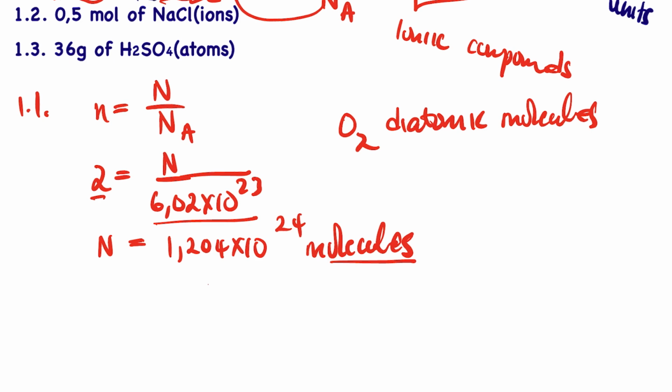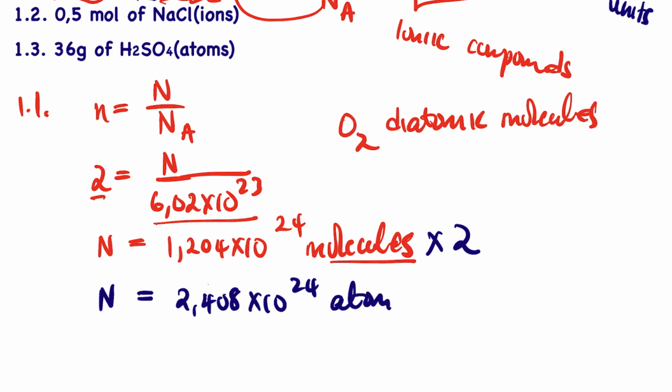How many elements are there in oxygen? There are 2. You're going to times by 2. So when you times that by 2, it gives you now the atoms. You times by the number of elements, it gives you the atoms. So the answer there is going to be 2.408 times 10 to the power 24.